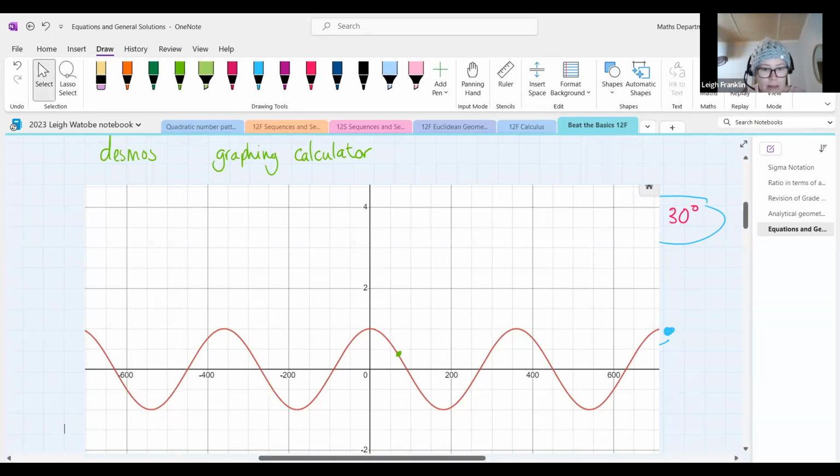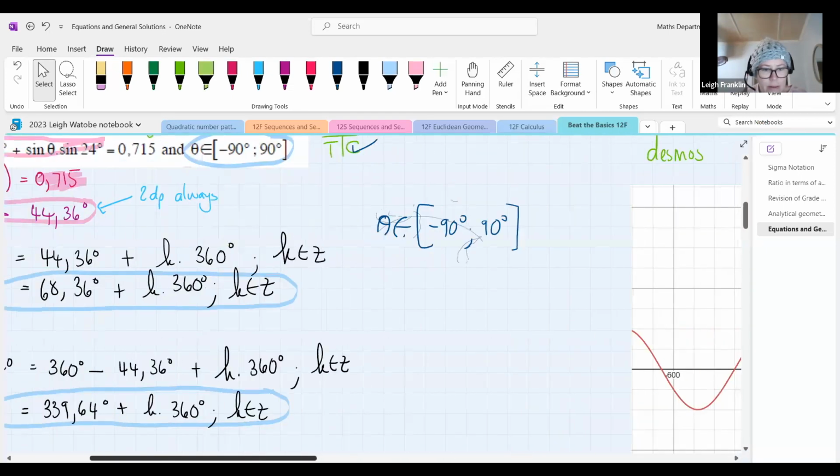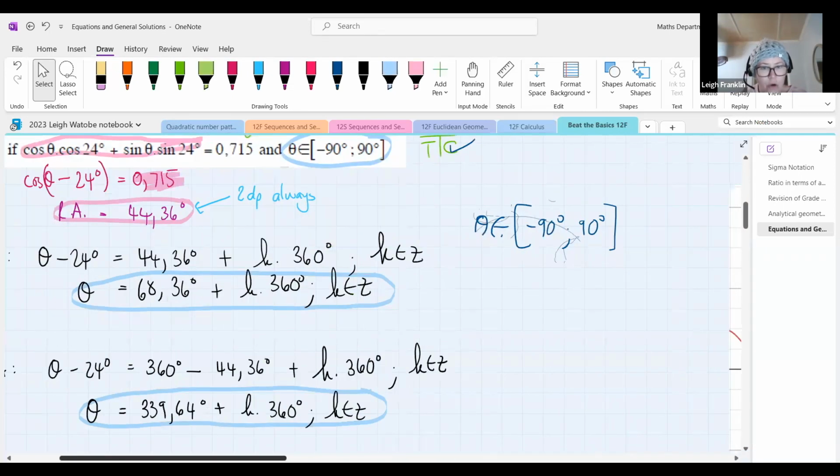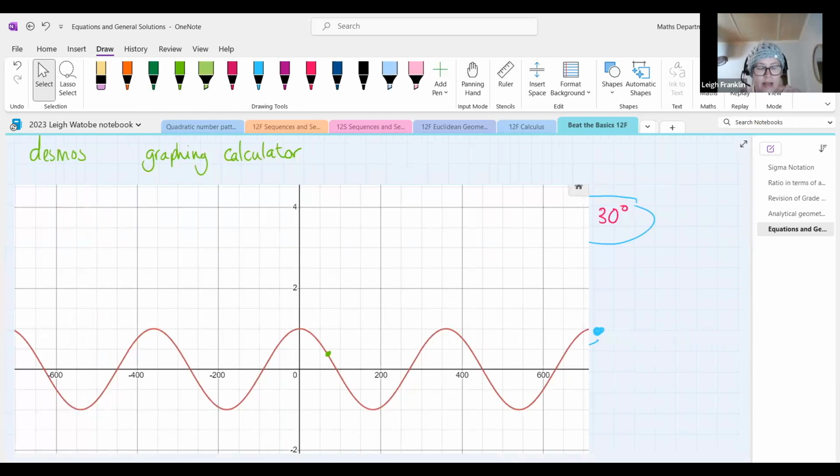Okay. Now, if we wanted to go one cycle of 360 degrees forwards, okay, the next place that we would have our green dot would be over there.